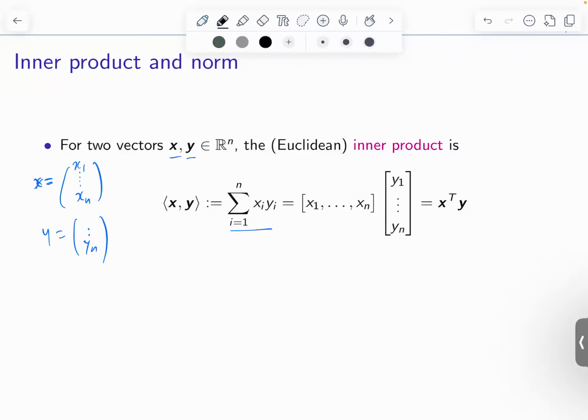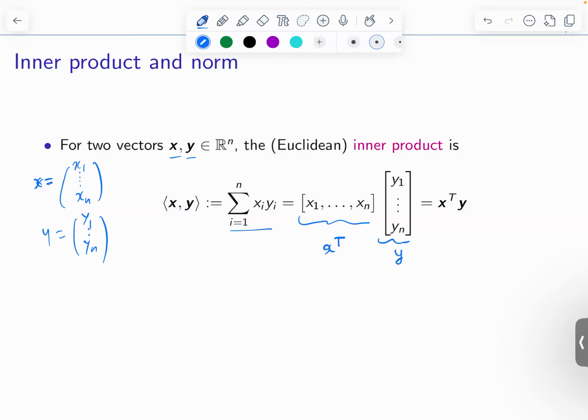If you view the vectors as these n by 1 matrices, as we are doing here, then you can write this as x transpose times y.